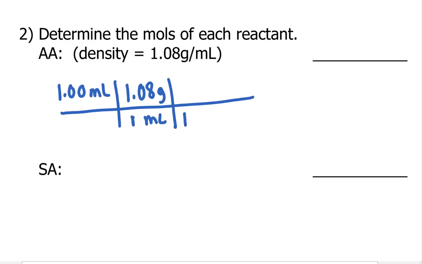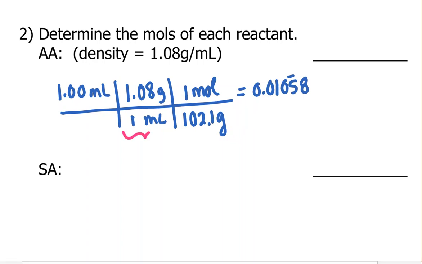And then from grams, we go to moles using the molar mass. Okay, so let's just label it. This step is from its density, and this step is from its molar mass. And then over here, I'll write it with the correct sig figs.